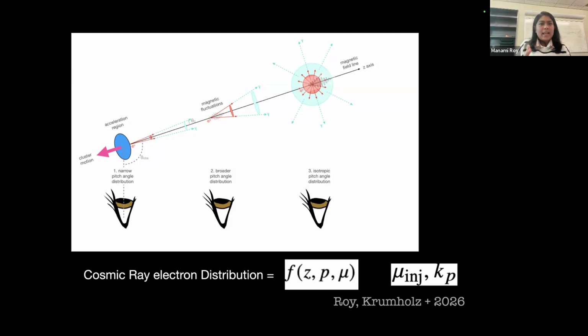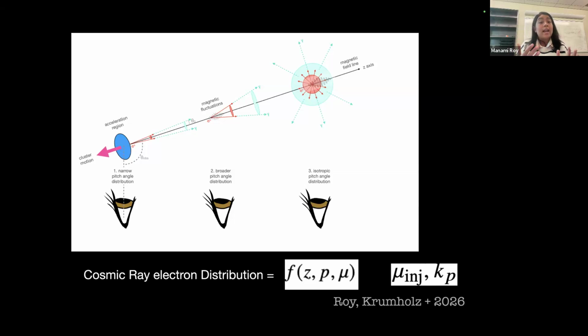The physical mechanism, I can tell you in one minute: this is a globular cluster moving through our interstellar medium, and this is the acceleration region of the cosmic rays. When the cosmic rays are escaping this acceleration region, usually people assume they escape isotropically.